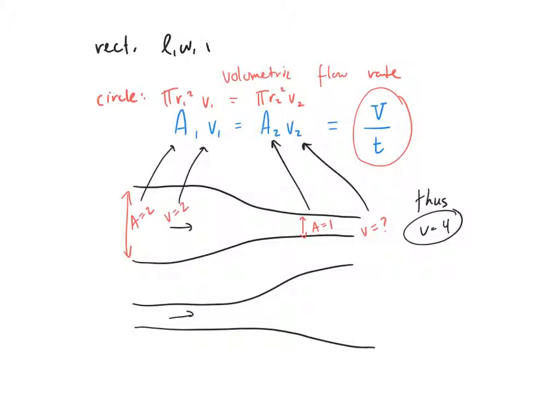L1, W1, V1 equals L2, W2, V2. And how do I know that? Because how do you find the area of a rectangle? Length times width. So I'm replacing area with the equivalent cross-sectional formula based on the shape. If it were a triangle, you would use for the area 1/2 base times height. Is that clear what I'm saying right now? So based on the cross-section of the pipe.